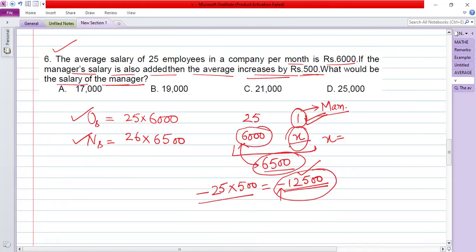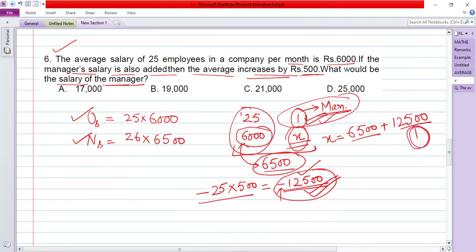The salary of the manager must be 6,500, plus something more. What is that more? It is nothing but 12,500 divided by 1, because this minus, which is less for the 25, must be compensated by the salary of the manager, and there is only one manager.